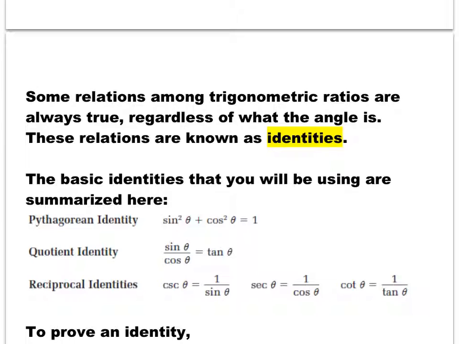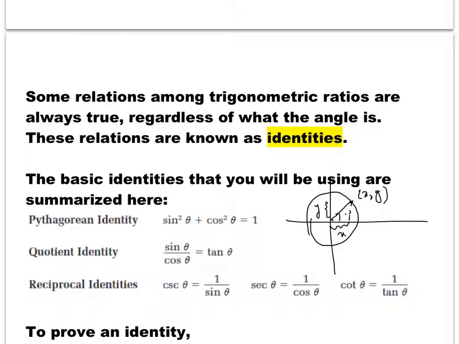Okay, let's see how we can prove the Pythagorean identity. Very simple. If I have a circle of radius r, and a point on the circle, let's say the point is (x, y), remember that this here represents x, and this one represents y. Now, from section 4.1, we said that the sine of any angle is the y coordinate divided by the radius.